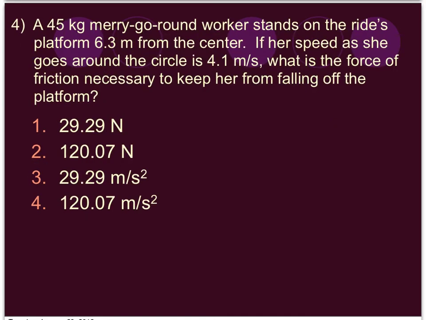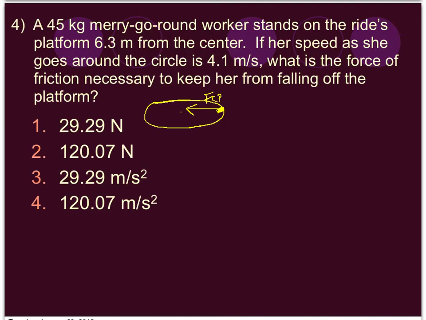Okay, problem number 4. We have a 45-kilogram merry-go-round worker standing on the ride's platform 6.3 meters from the center. If her speed as she goes around the circle is 4.1 meters per second, what is the force of friction necessary to keep her from falling off the platform? So what we have to understand here is that if this is the path that the merry-go-round is taking, and this is her standing, let's say on the edge, 6.3 meters from the center, we know that there's going to be some centripetal force pulling her in, and we'll call that F_CP for centripetal force.